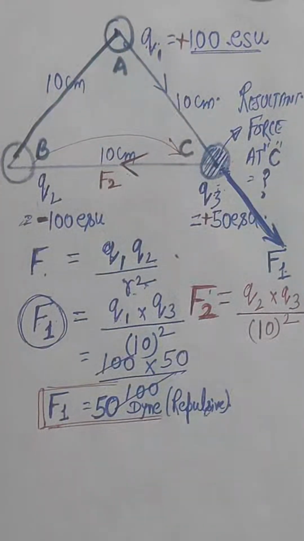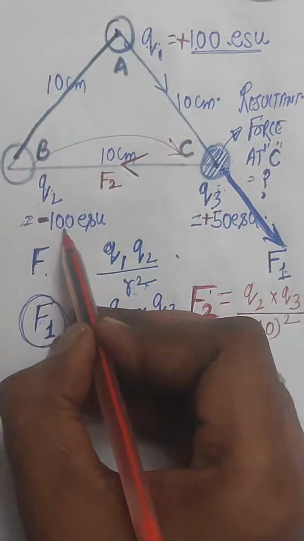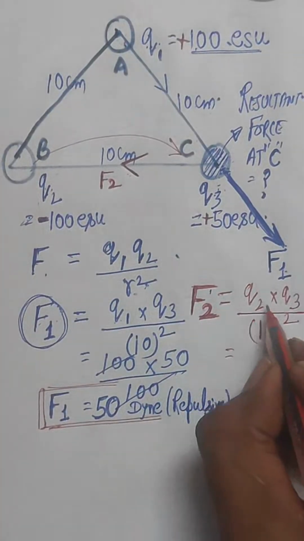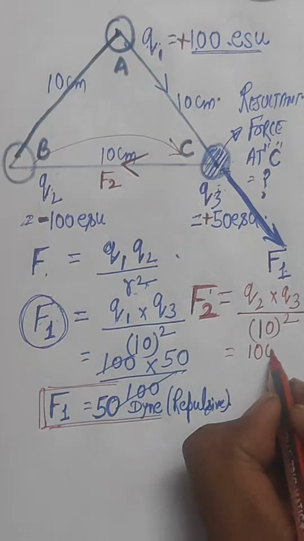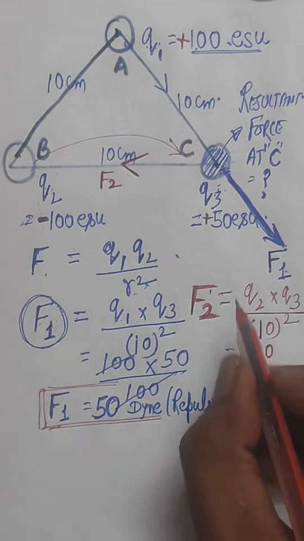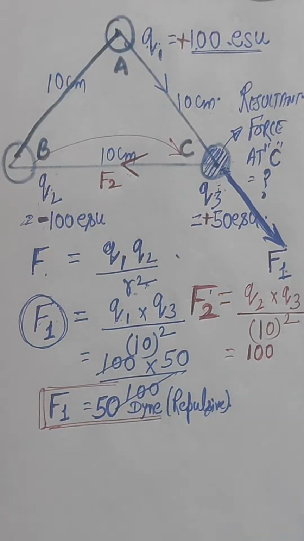Now here you can see the value of Q2 is minus 100. So the magnitude will be 100. I am taking the magnitude, though minus is there, that is why it will be attractive in nature, right?